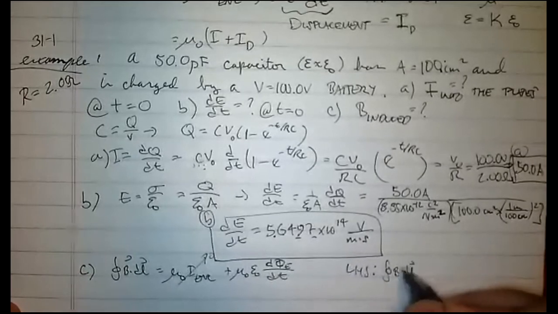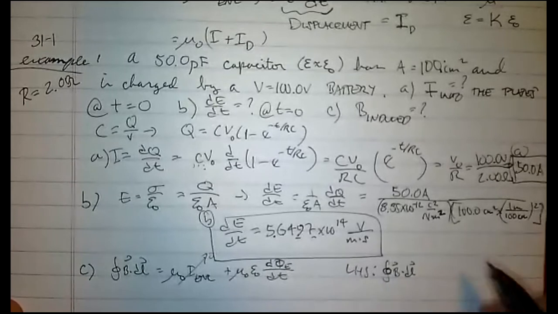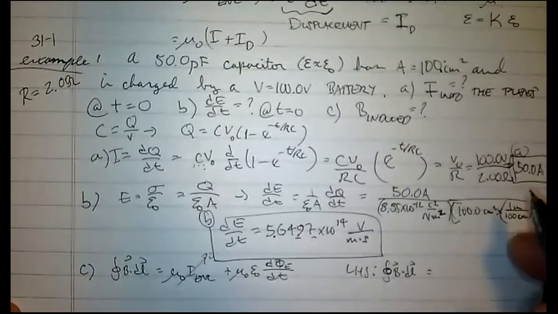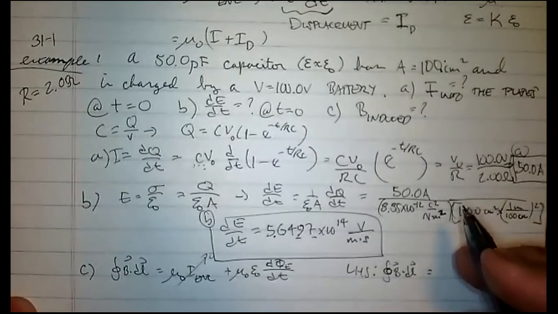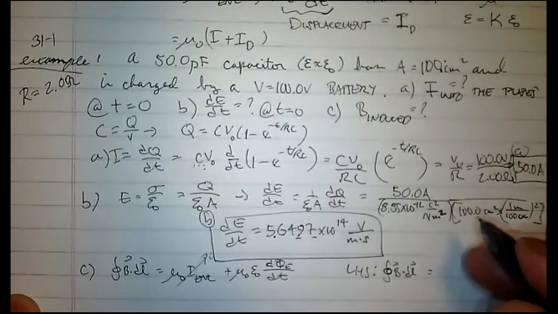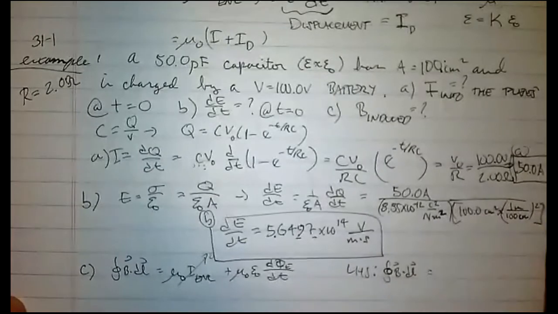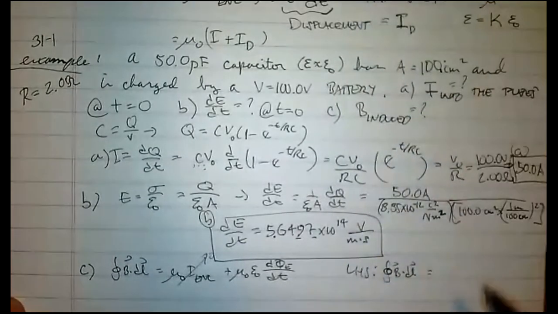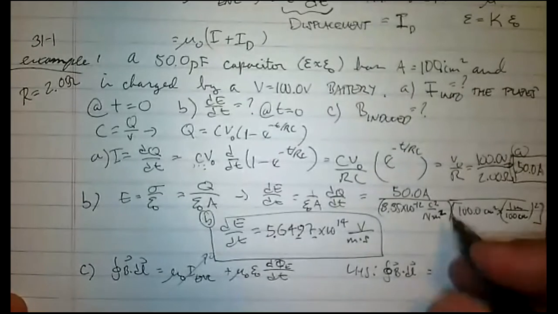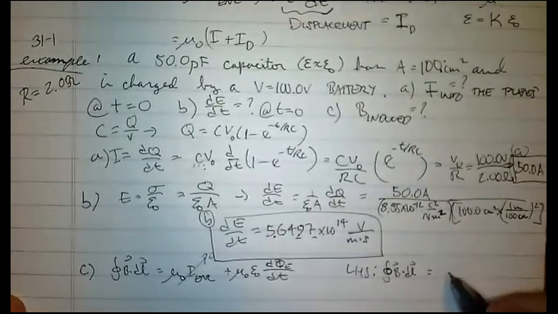The left-hand side, closed integral of B dot dl. Anybody want to guess what that's going to be? So we're going to more or less pretend this is, say, a circular plate just for ease, a capacitor instead of a square plate. And basically, we're going to integrate along a path inside of that, for R smaller than the capacitor.